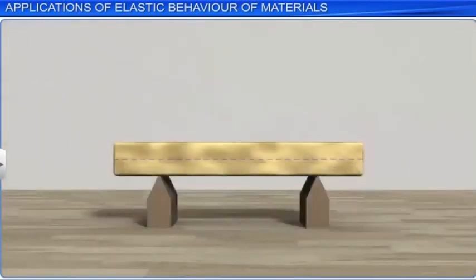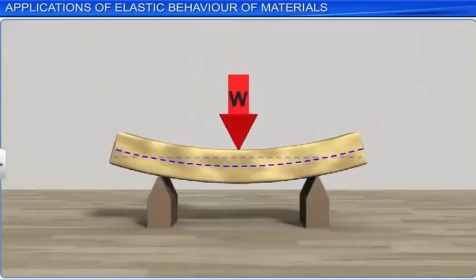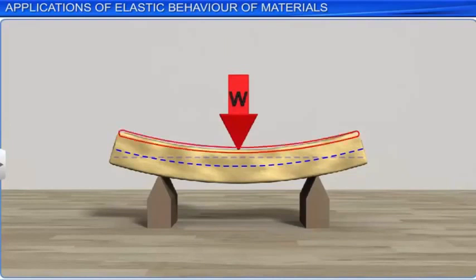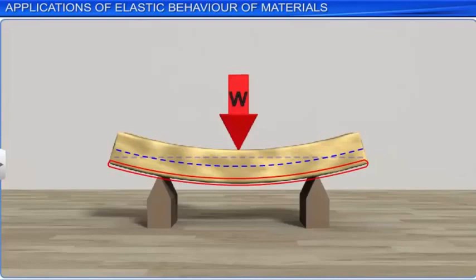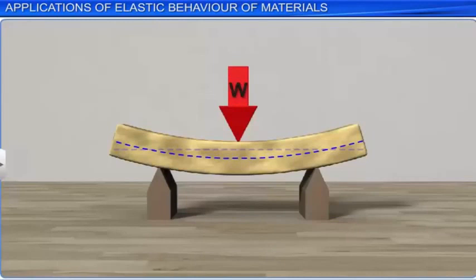In the process, the upper surface is compressed, whereas the lower surface is extended. The beam will sag or deflect due to the load. The deflection of the beam at the midpoint is its vertical deflection compared to its unstretched position.